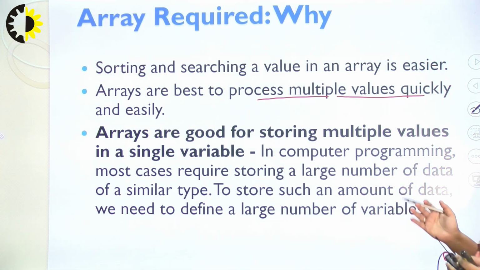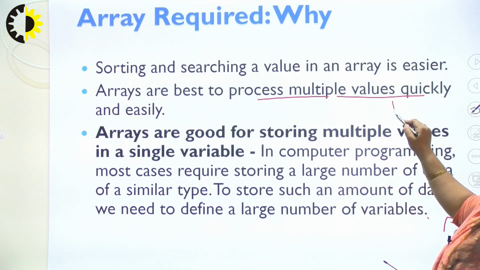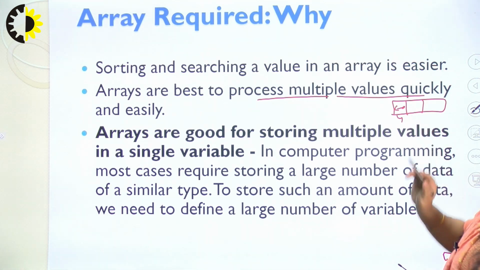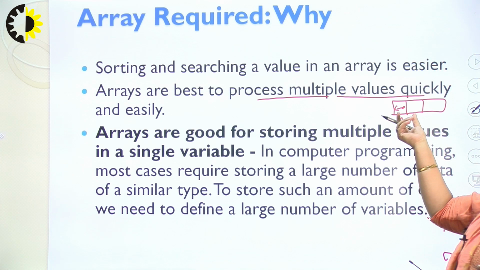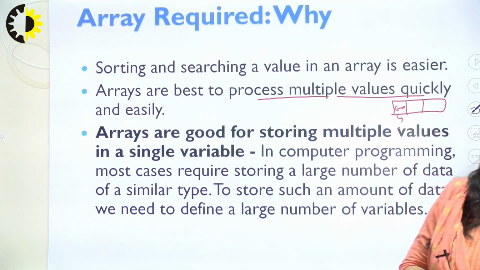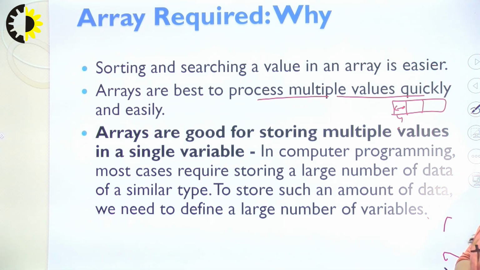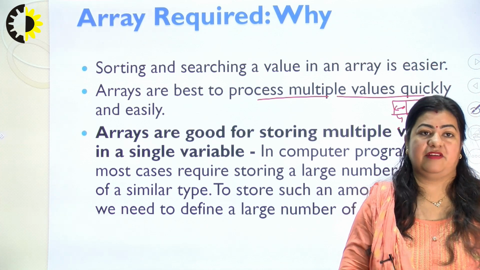That means different values can be stored in single units. Here we take the size of 4 bytes, so different values can be stored in 4 bytes at this particular addressing. And arrays store multiple values in a single variable. That means different values can be associated with a single variable.